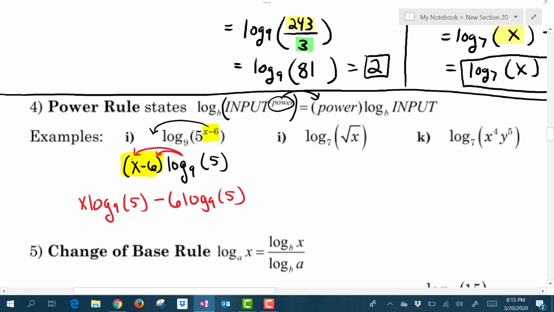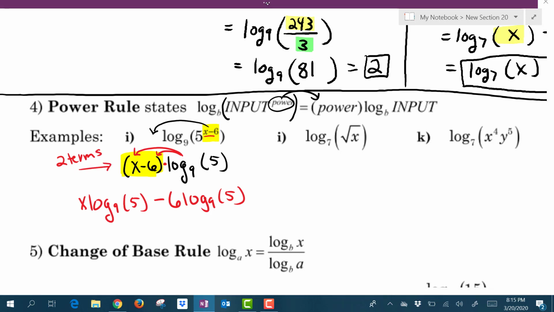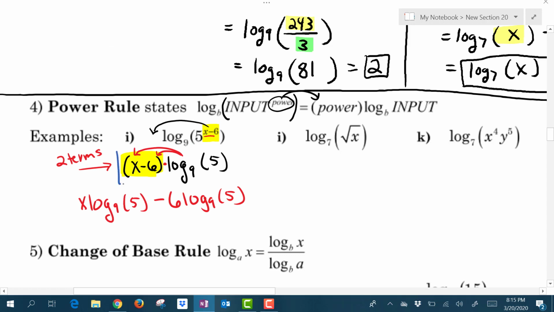So it's important that you put the exponent in parentheses when you bring it out to multiply it times the front of the log if that exponent has more than one term. In this case, since it has two terms, it needs the parentheses around it. We can actually just stop right here, that would be good enough, but we do want the parentheses just in case at some point in the future we might want to distribute that log into the parentheses.